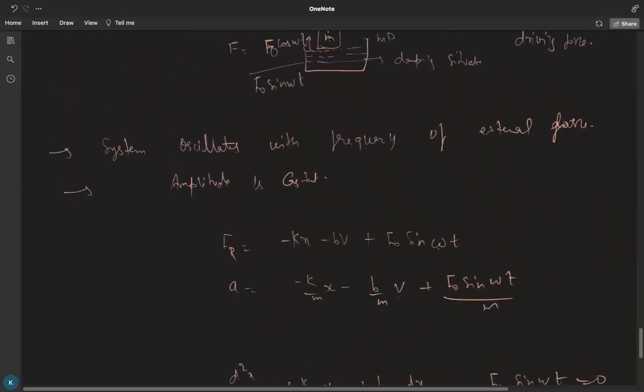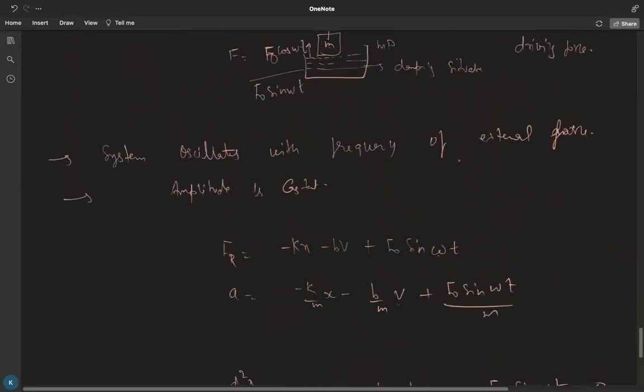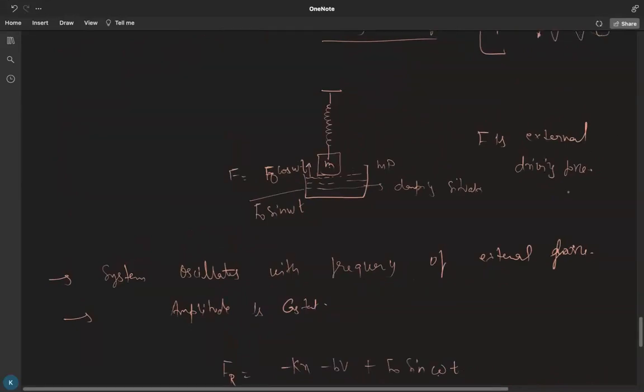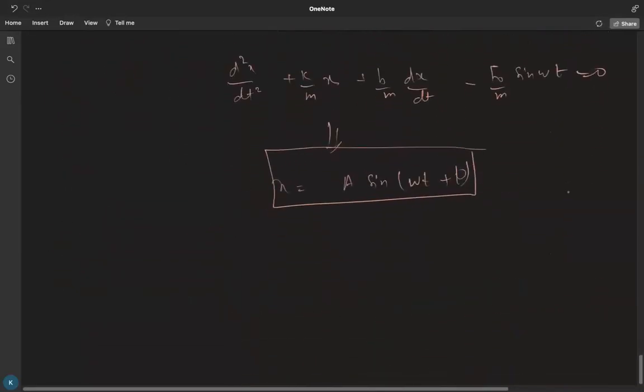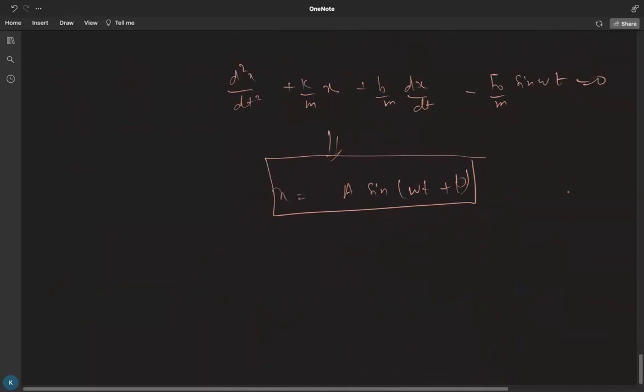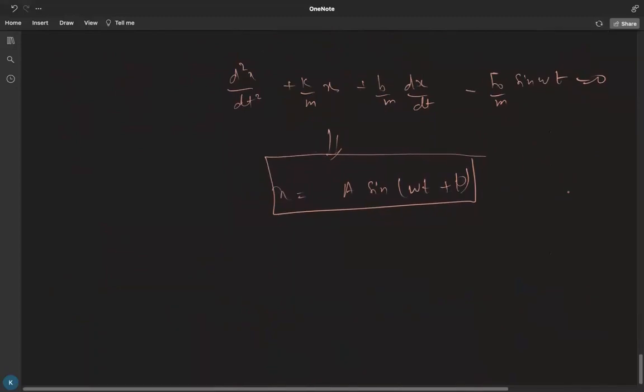Omega is the same as the omega of the driving force. The amplitude is constant, and what is it?